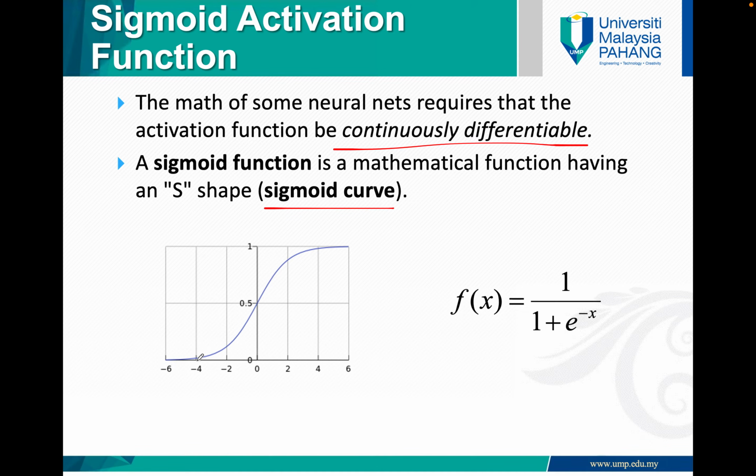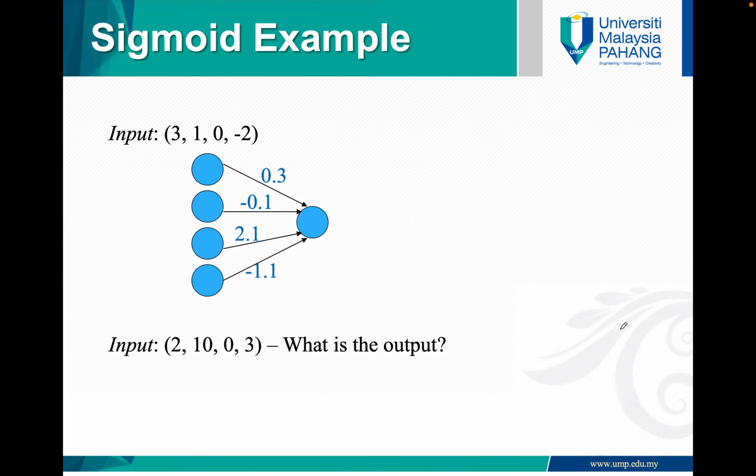As we mentioned before, it is 1 over 1 plus e to the exponent of negative x.